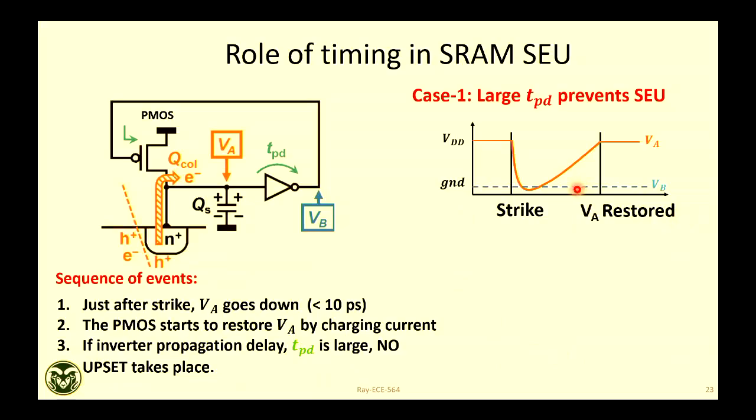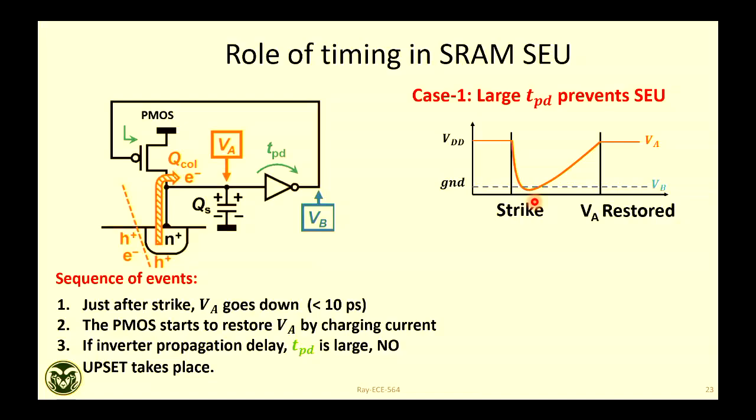Or more analytically, you can look at it like this. Your strike happens here, this vertical line. Before the strike happens, the node was charged to VDD, so Q equal to 1 and the node voltage is VDD. The moment the strike happens, immediately this node voltage will go down, and it can go negative also, depending on how much is your deposited charge.